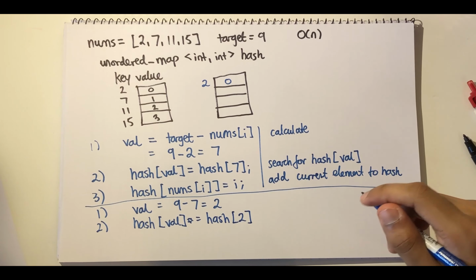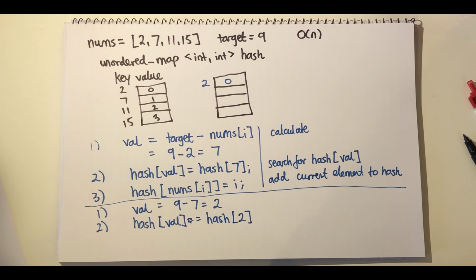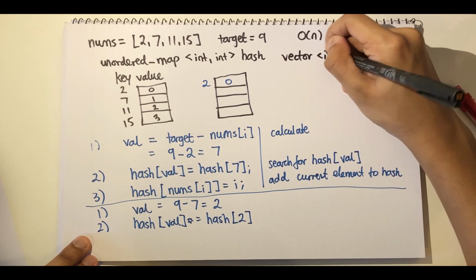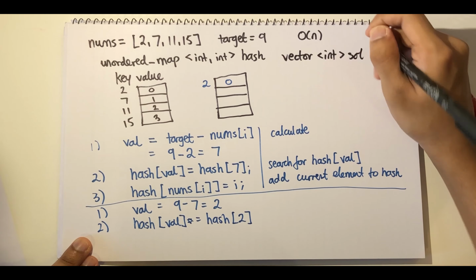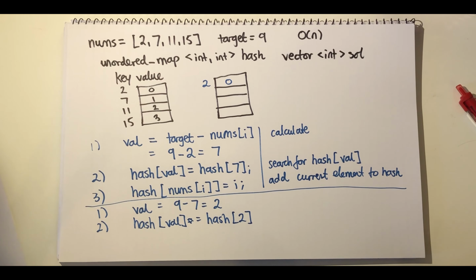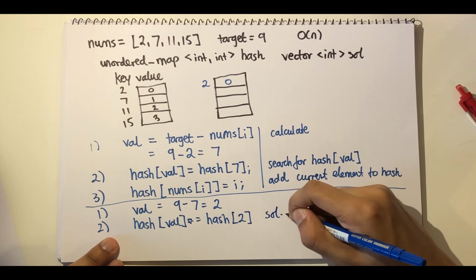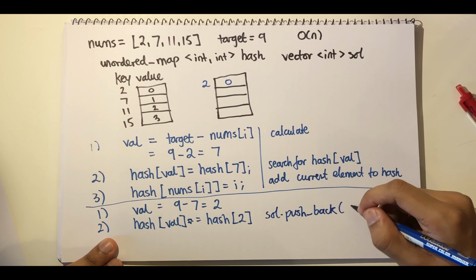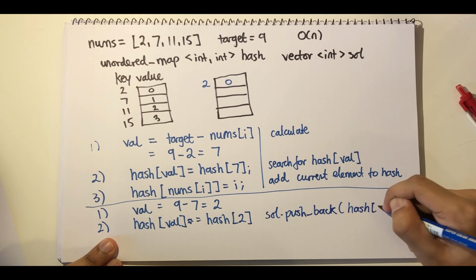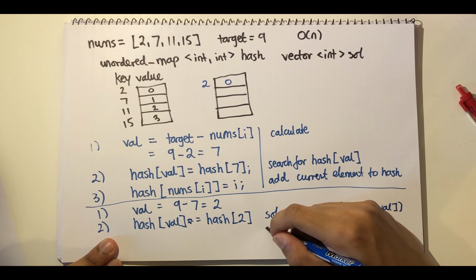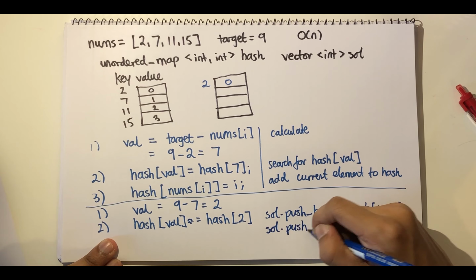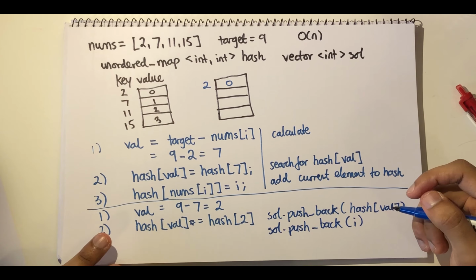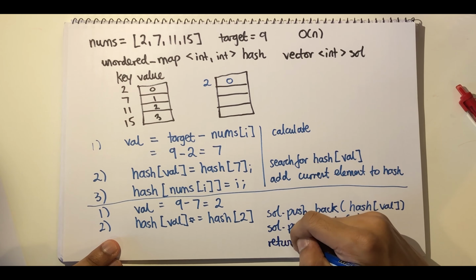Now that we've found it, we have a solution vector which we should have made. And what we want to do is push back two values to this vector. First, we're going to push back hash of val, and then we're going to push back the current element, which is I. And then we return the vector, obviously.